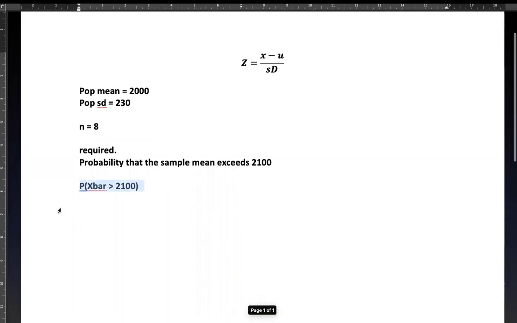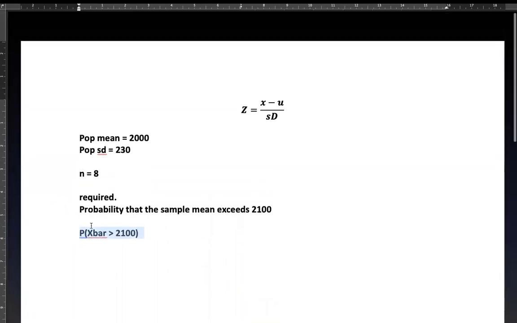X bar is the sample mean. Let X bar be the sample mean, because of the difficulty with typing the X bar, the sample means drawn from the population.